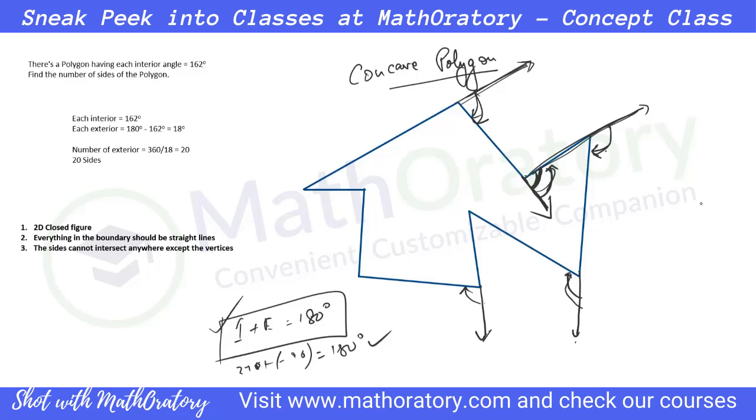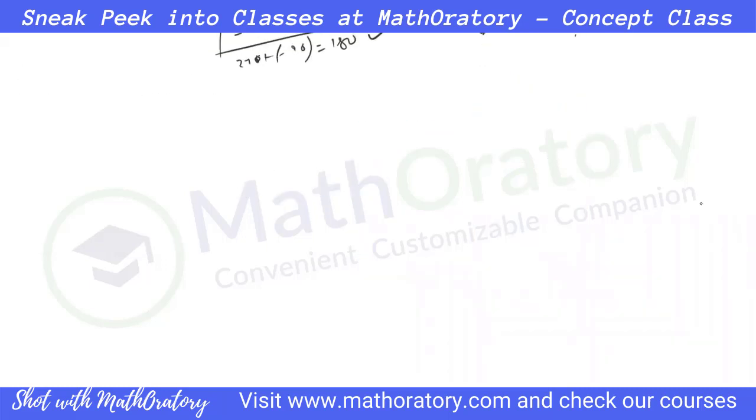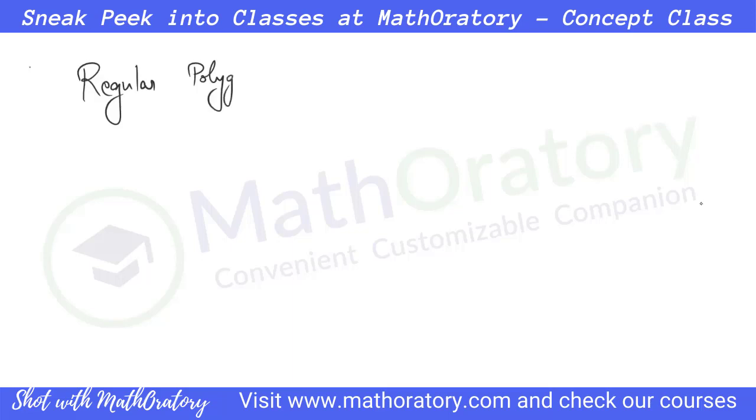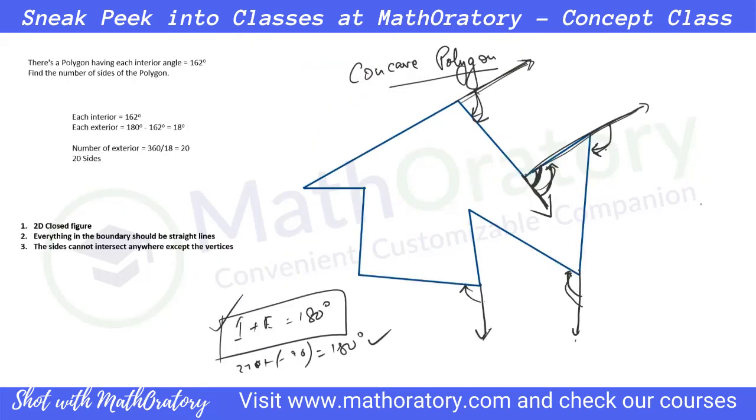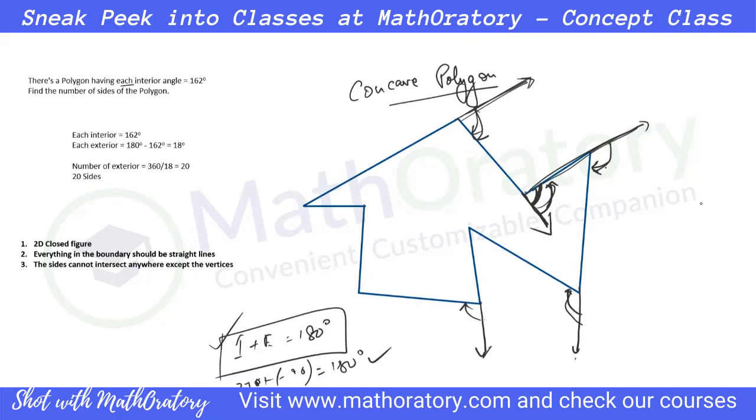There might be questions on the basis of this also. Be careful on that part in terms of exterior angle. One last thing before we move ahead, we will be discussing a little bit more about it in the next lesson. But let me define for you a regular polygon. Now, when I was writing the previous question, I mentioned that each interior angle of this particular polygon is 162 degrees, right?